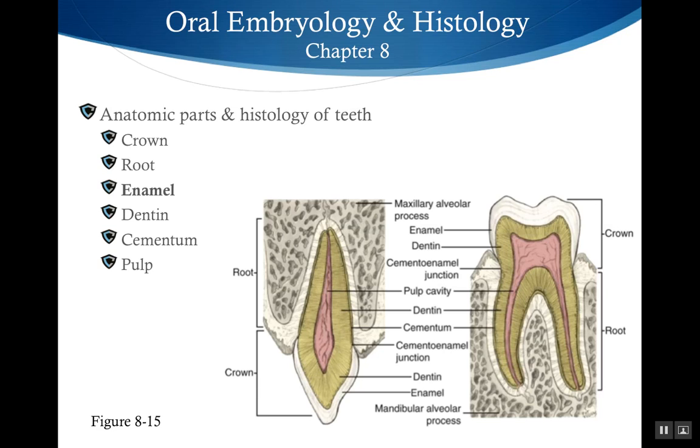The enamel is translucent, and it ranges in color from yellow to grayish white. And again, as we said before, it's formed by ameloblasts. And it contains 96 to 99% inorganic matter. So most of it is hydroxyapatite, which consists primarily of calcium. The other 1% to 4% is the organic matrix, which consists of water, proteins, and glycoproteins.